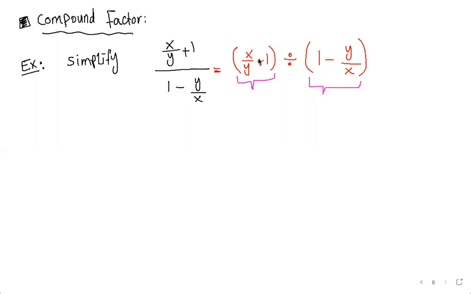So how do you simplify this one? This is actually over 1, so you do cross multiply, right? How do you do it? Who will help?